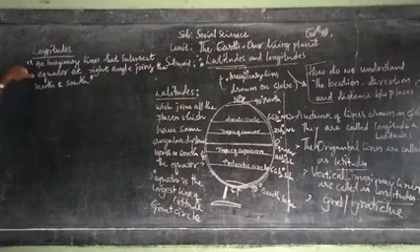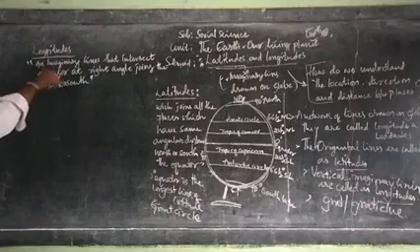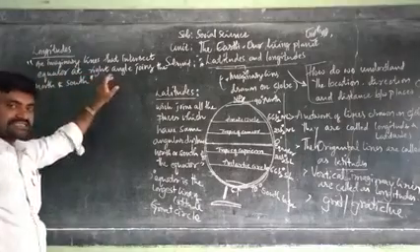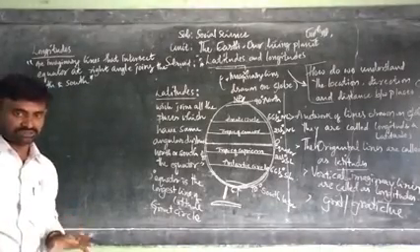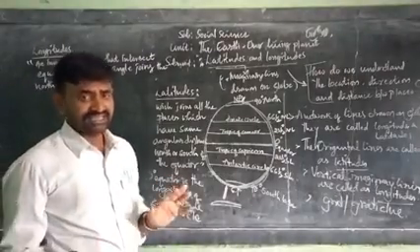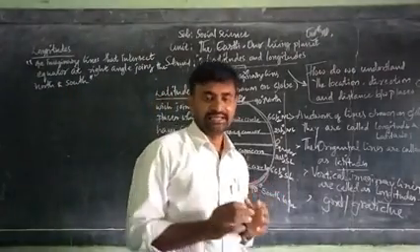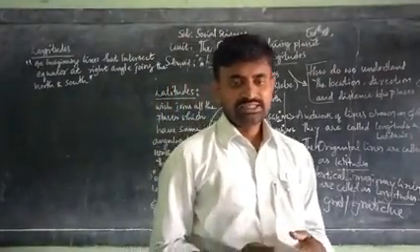See, dear students, longitudes are imaginary lines that intersect the equator at right angle joining the north and south parts of the globe. They are called as longitudes.